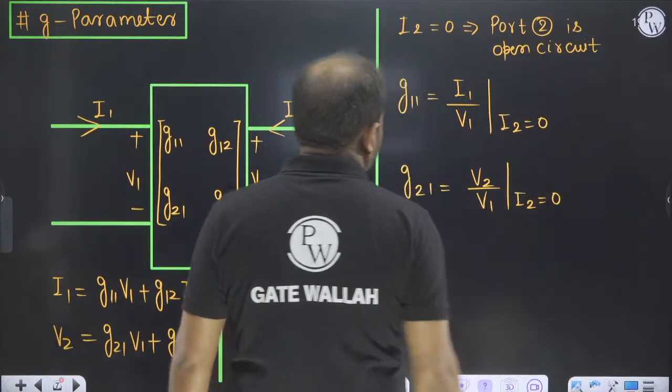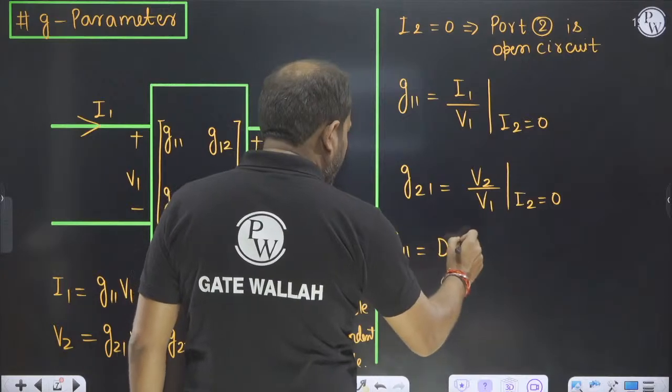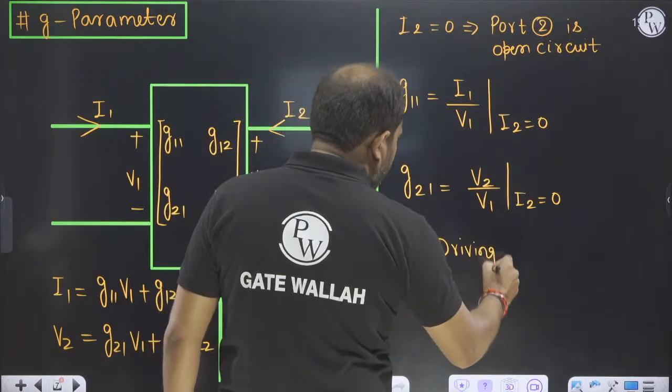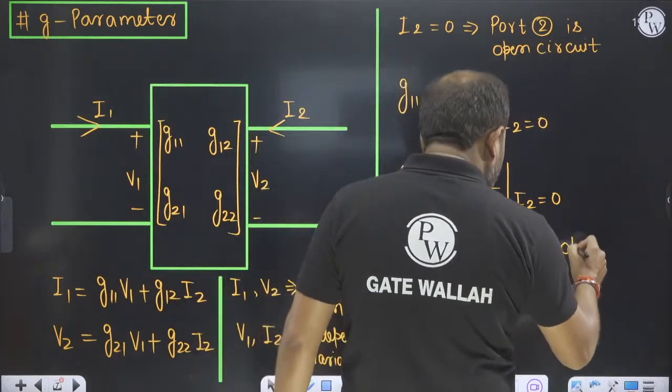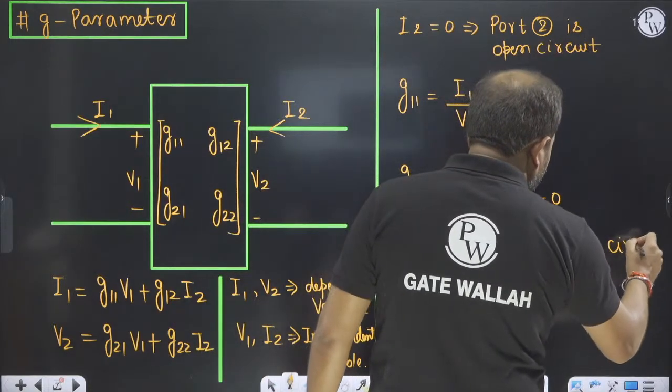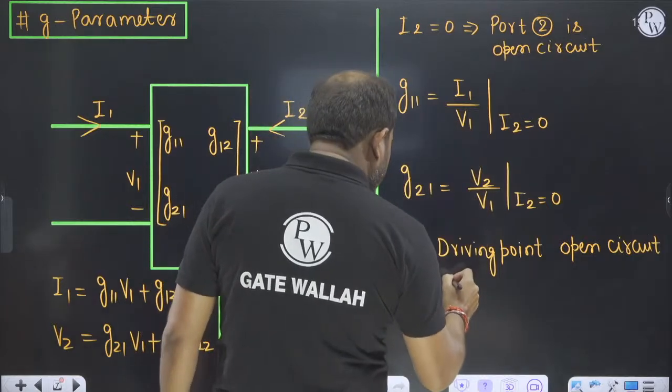So G11 is known as the driving point open circuit admittance, current upon voltage.